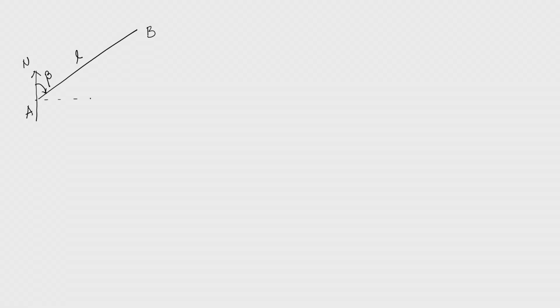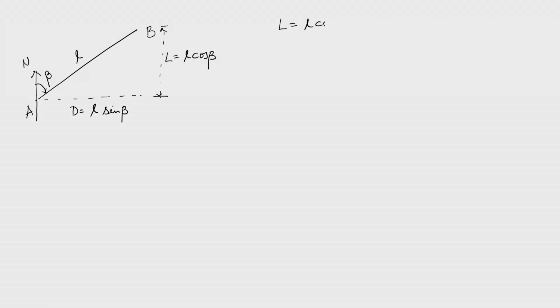So, what is the departure value here, and what is the latitude value in plane surveying? It is L sin beta departure, and it is L cos beta latitude. Fine. So, we write here that latitude equals L cos beta, departure equals L sin beta.